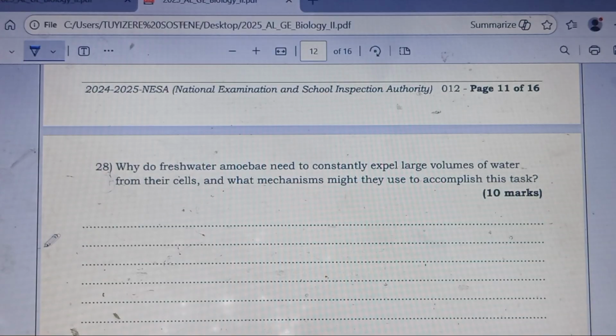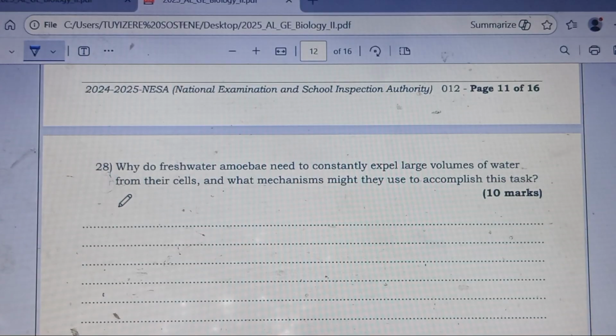So, for that case, the freshwater amoeba will expel large volumes of water from their cell. The movement of water depends on the amount of solute. When you say solute, it is salt.